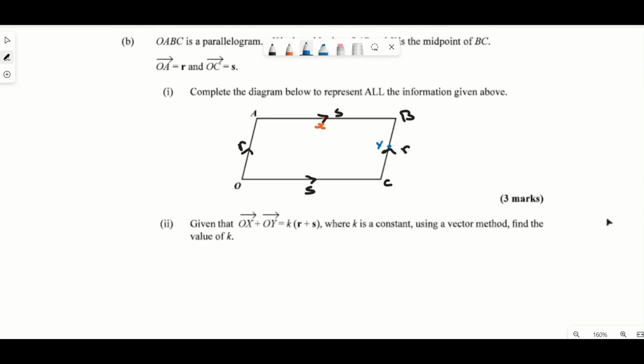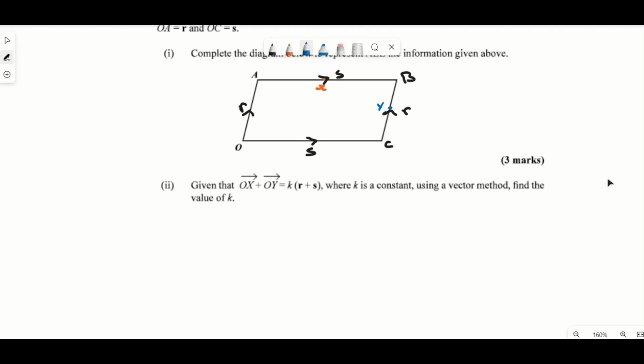Given that OX plus OY is equal to K, open bracket, R plus S, where K is a constant, using the vector method, find the value of K. First off, we need to find out what OX is. Now, if we use our diagram, X is on the AB line, which is half.